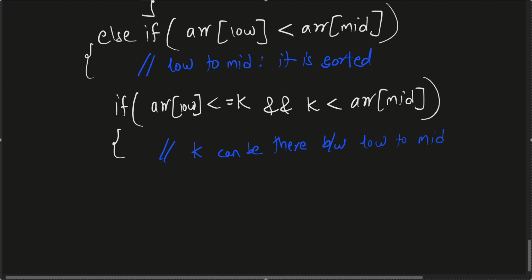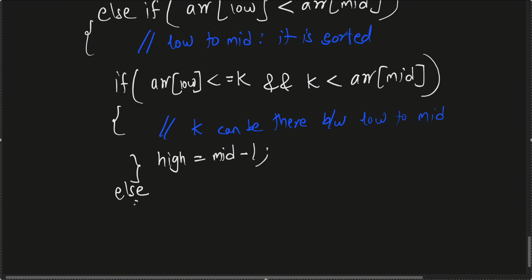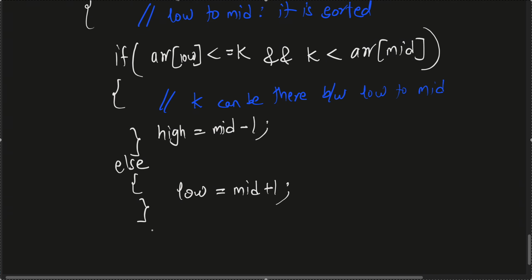If it is there, then we will update our high pointer. High will be mid minus 1. Else we will update low is equal to mid plus 1, right?